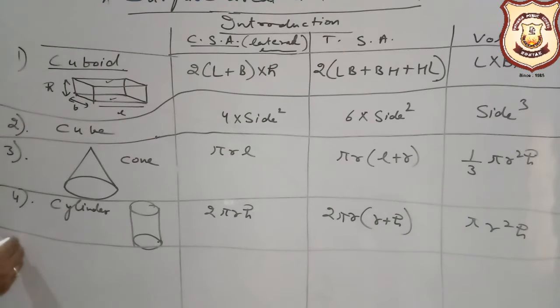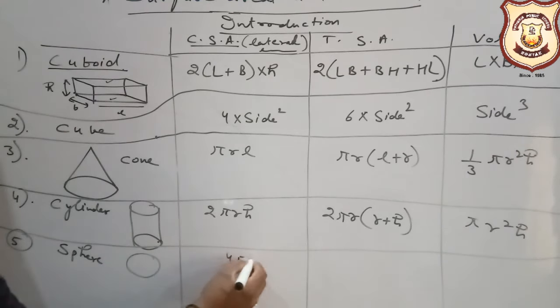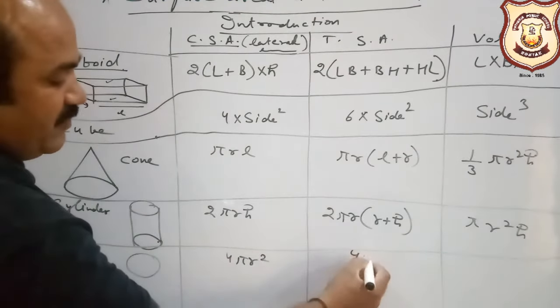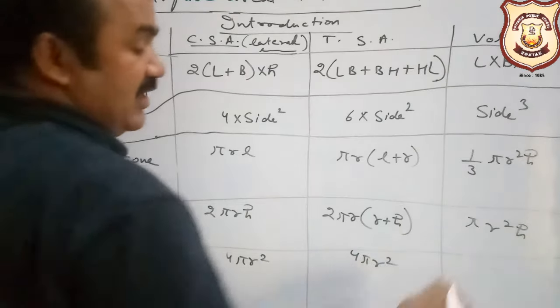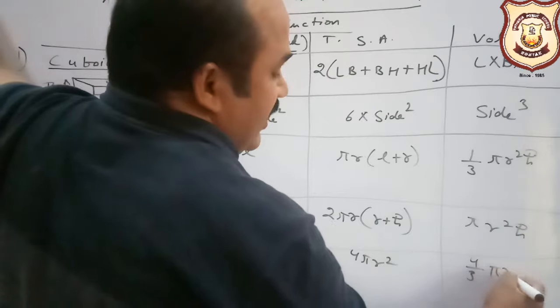Then the next one is the sphere, like this. Example, a ball: 4 pi r square. Here also 4 pi r square, and here you can write volume 4 by 3 pi r cube.